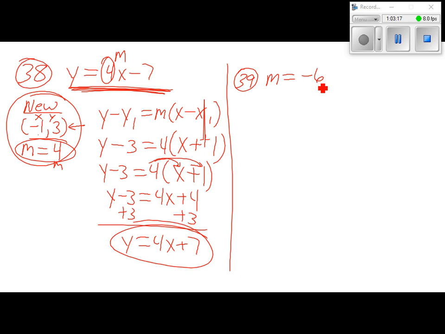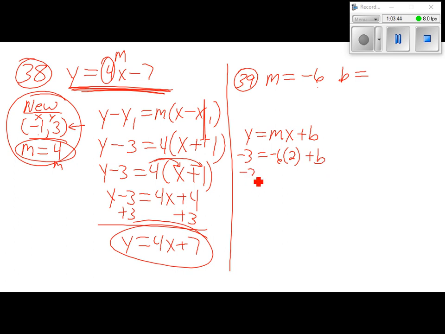To find b, if we want to find it the other way, I have y equals mx plus b. They tell us that it goes through the point (2, -3). So our x is 2, and our y is negative 3. We know our slope is negative 6, and we're looking for the b.